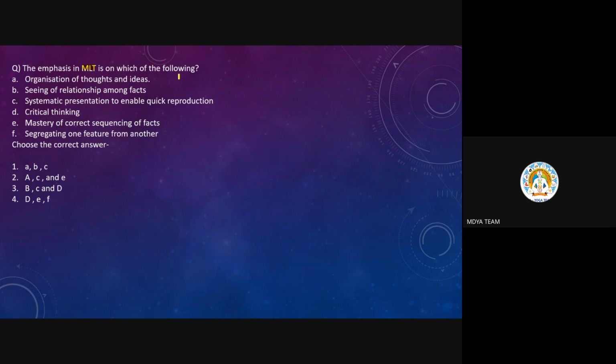Is it A, C, E, ma'am? The second option? Because they completely depend on the teacher and they mug up and they can just reproduce whatever they have been taught. And the second option, A, C, and E. Quick reproduction.